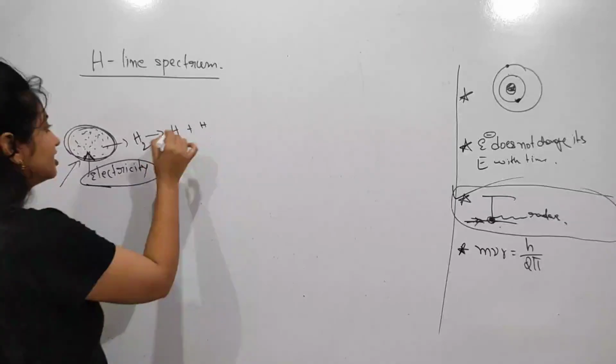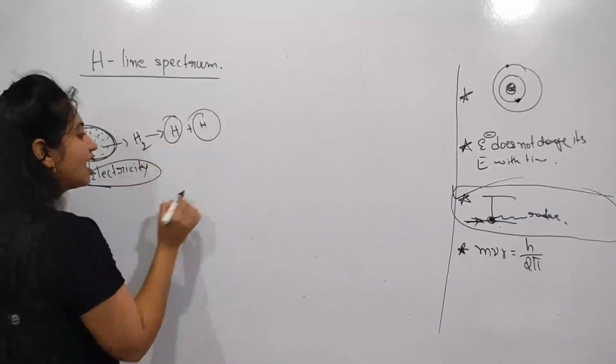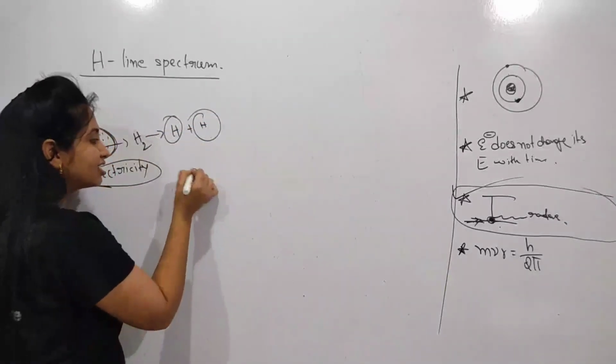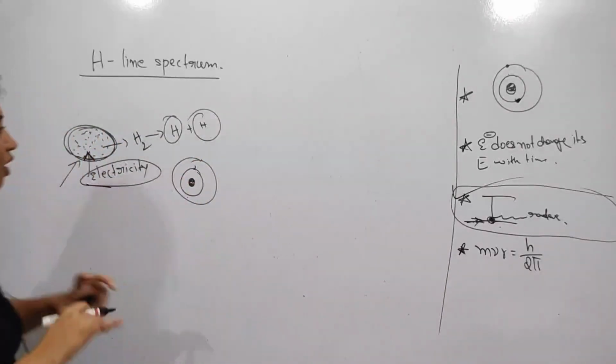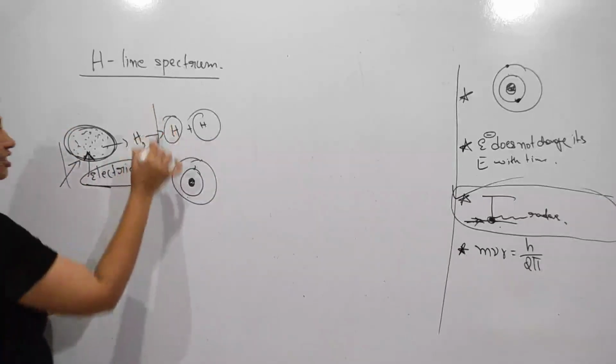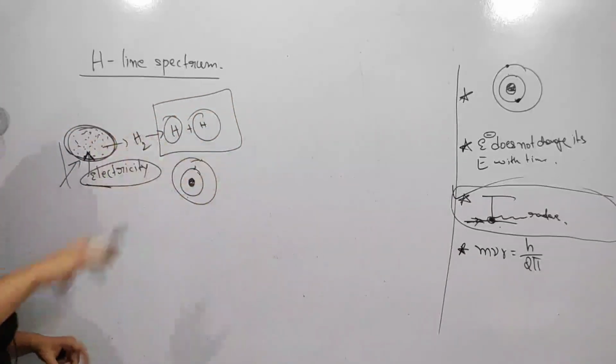These hydrogen atoms have a nucleus with electrons around it.